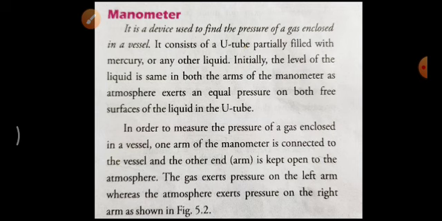Fluids are the substances that can flow. Examples of fluids are liquids and gases. That means all kinds of liquids and gases belong to fluids. Then about pressure within a liquid, we have also discussed how it is generated.